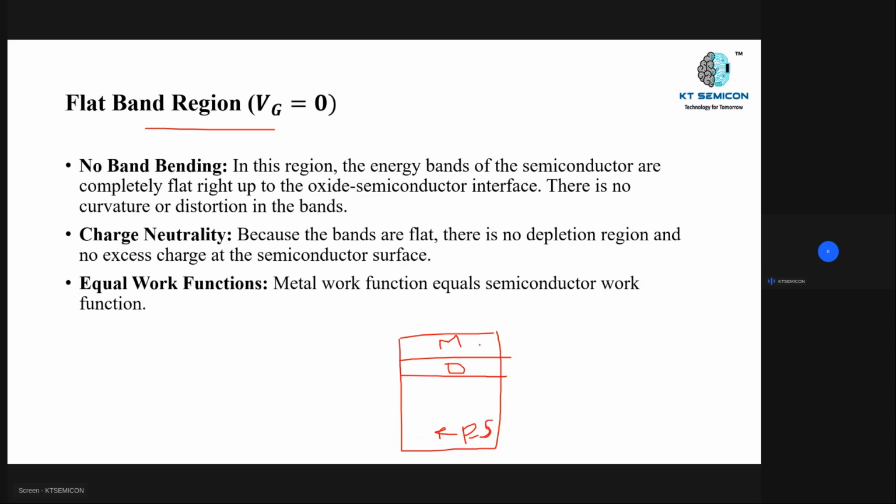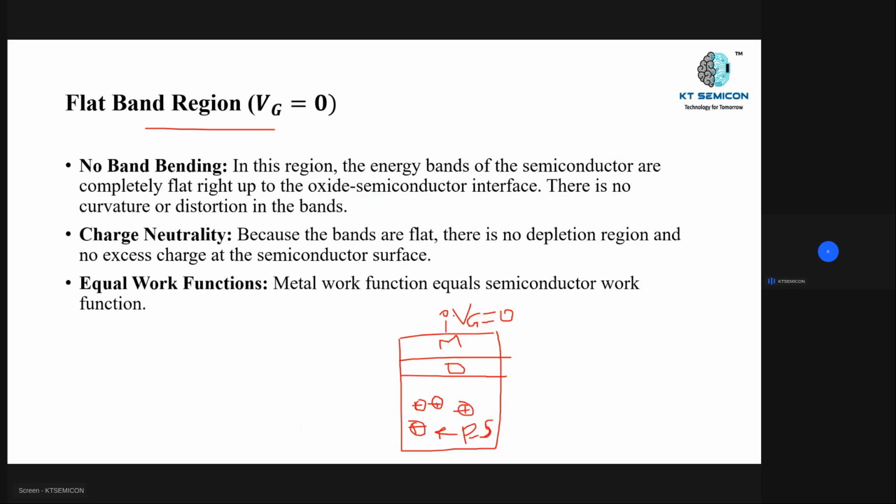Okay, so here this is my VG. First, we are applying 0 voltage here. Whenever we are applying the gate voltage in a P substrate, my majority carriers are holes, right? So here we have some majority carriers, holes.